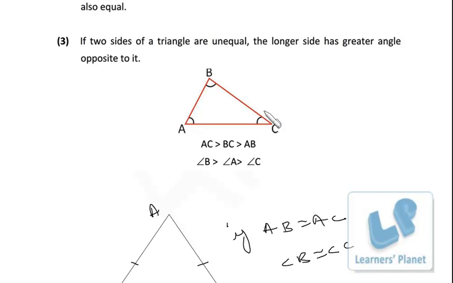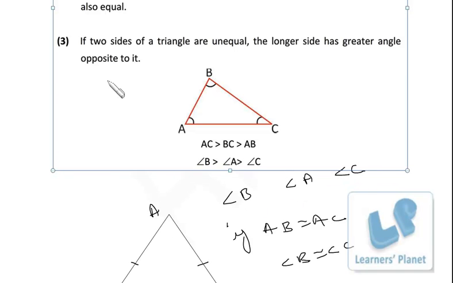If AC is greater than BC and greater than AB, then the angle opposite to AC will be the greatest angle, then the angle opposite to BC, then the angle opposite to AB. Over here, if side AC is the greatest, then the angle opposite side AC is angle B, so angle B will be greatest. Then in order, side BC, and the angle opposite to side BC is angle A. Then the remaining one is angle C. So if two sides of a triangle are unequal, the longer side has greater angle opposite to it.